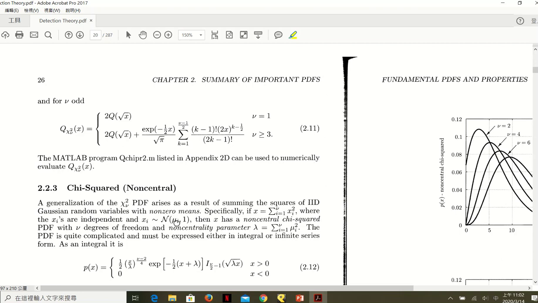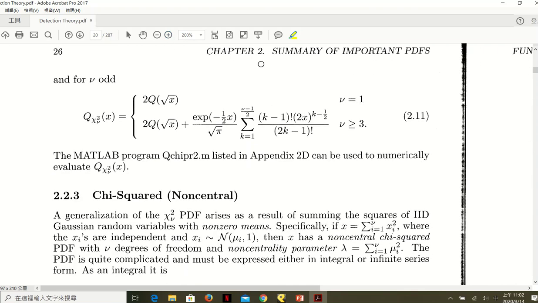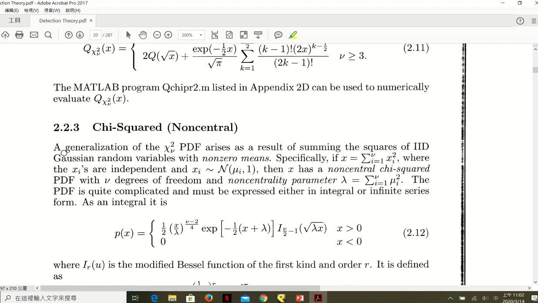So we call it a generalization of chi-square PDF, which arises as a result of summing the squares of Gaussian random variables with non-zero means. Specifically, if x is equal to this thing... I'm sorry, let me make a correction.